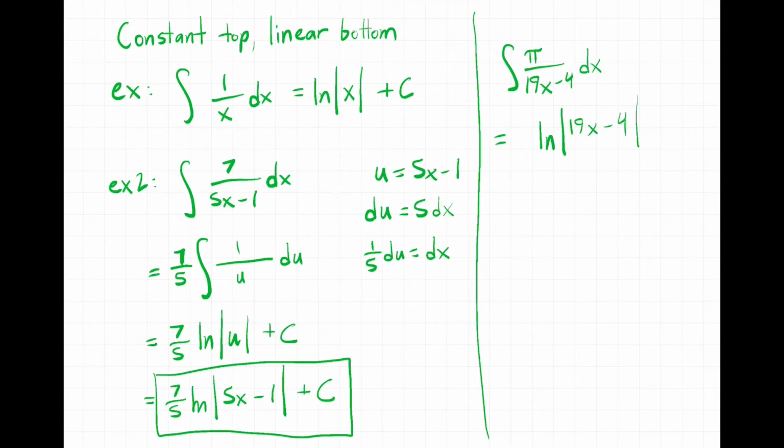Right? But we also have that pi on top. That's a constant multiple, goes along for the ride. But also, because of that u substitution, we're going to have to divide by the coefficient on the x, because the du will end up being 19 dx, and you have to divide by that number. So it's going to be divided by 19. And we'll just add a constant.